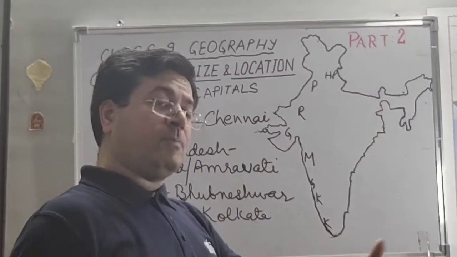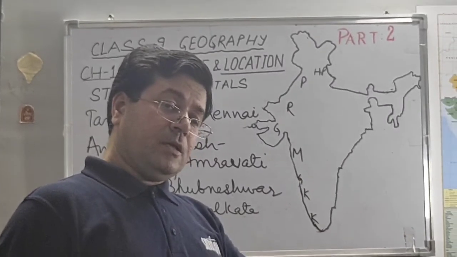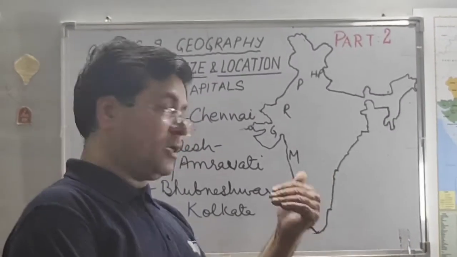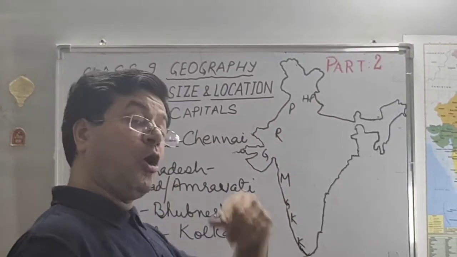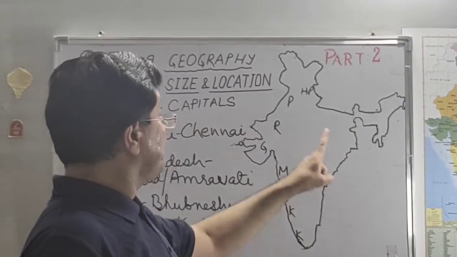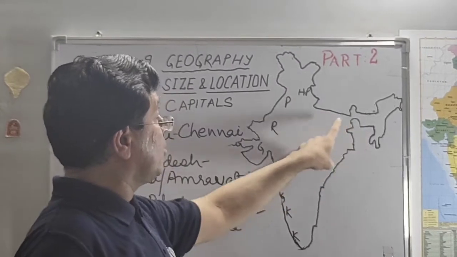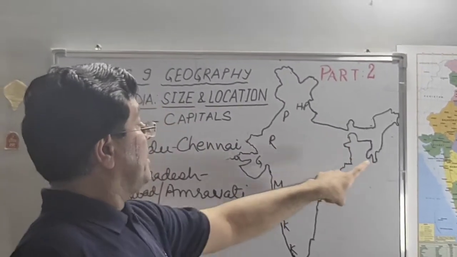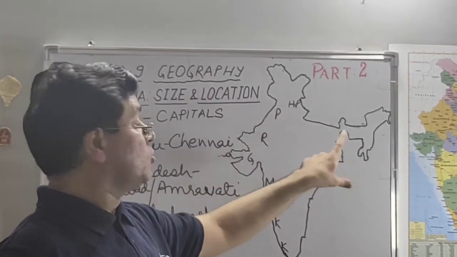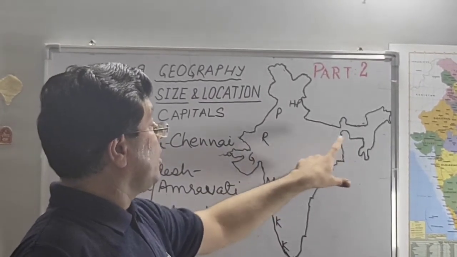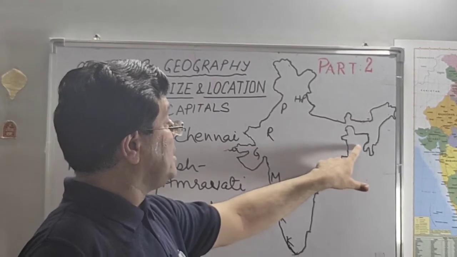And one more very important thing is there, which is associated with your history. In 1905, Lord Curzon declared the partition of Bengal. Bengal was a very large state. The British said it is very difficult to administer such a large state, so they divided Bengal in two parts, West Bengal and East Bengal.